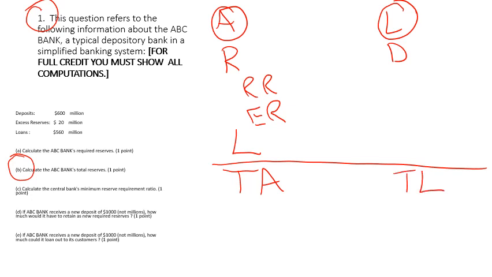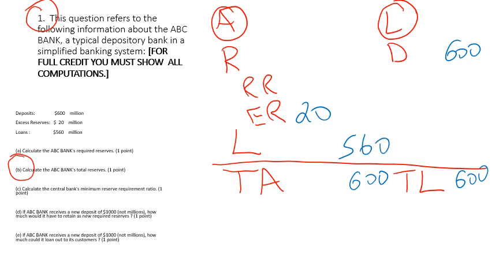Once again, we're told that deposits are 600, which means that total liabilities is 600, which means that total assets must be equal to 600. We're also told that excess reserves is 20, and we're told that loans is 560.